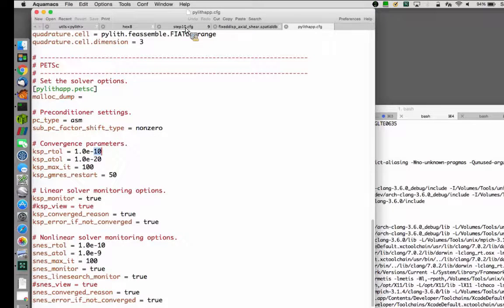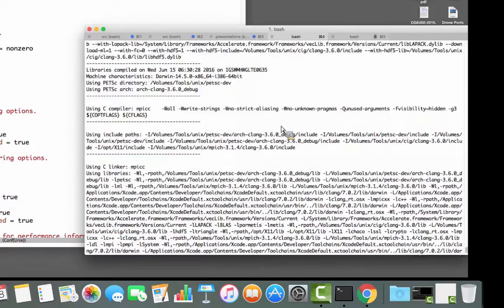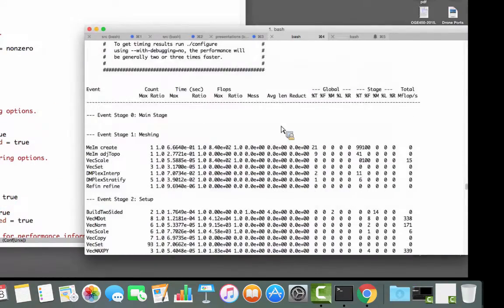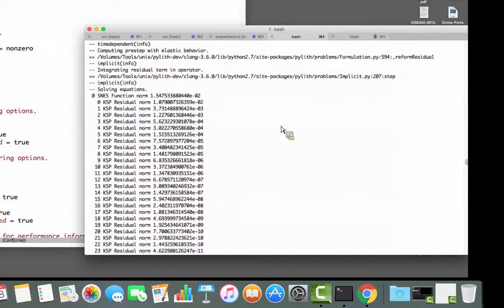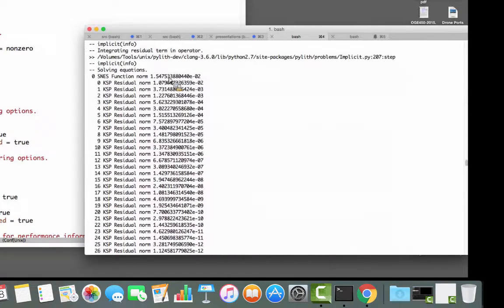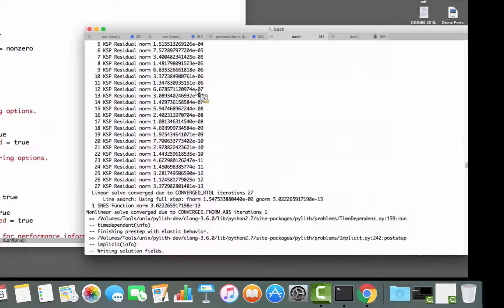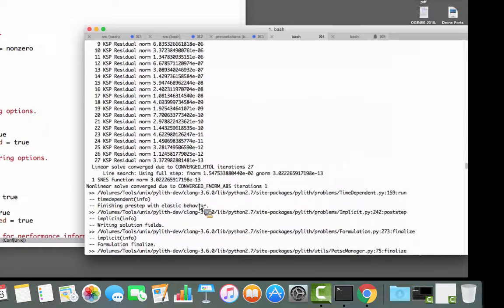Not our suggested settings, but when I look back over here at our run, if I scroll up, you'll see that we did a SNES iteration, came down, and the fault remained locked. I can tell that because we did not need any nonlinear iterations. Our second SNES evaluation gave us 10 to the minus 13, indicating it converged due to absolute tolerance.